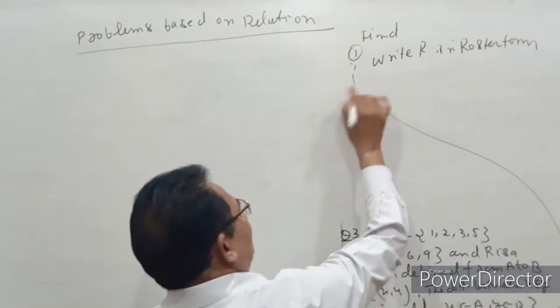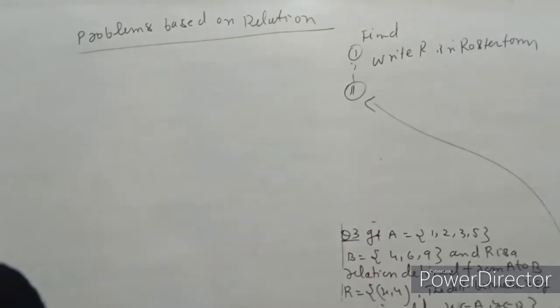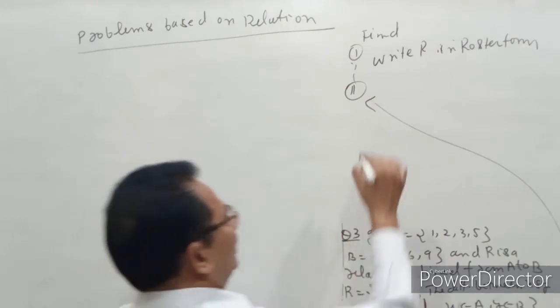And the second part हमें देखना है, that is represent R by arrow diagram.